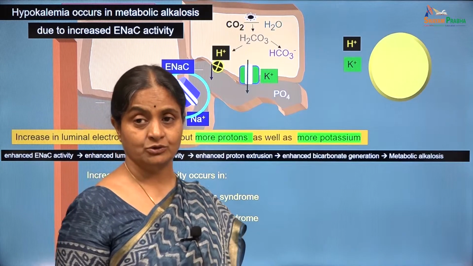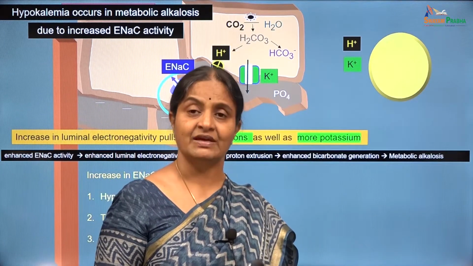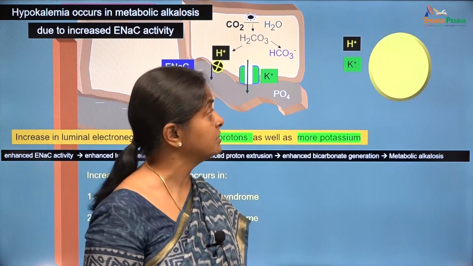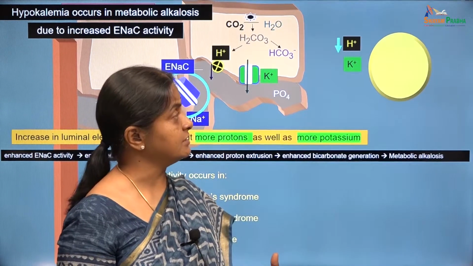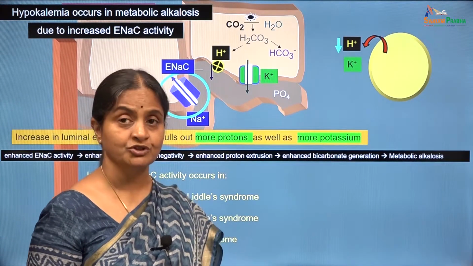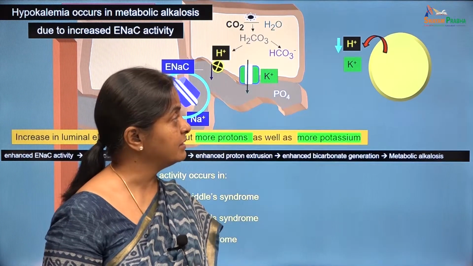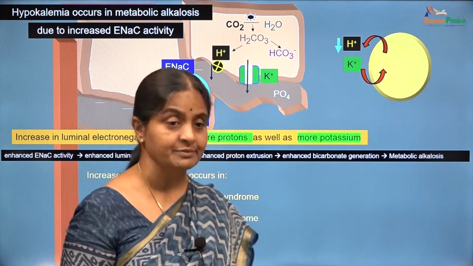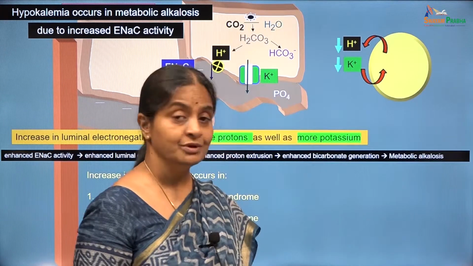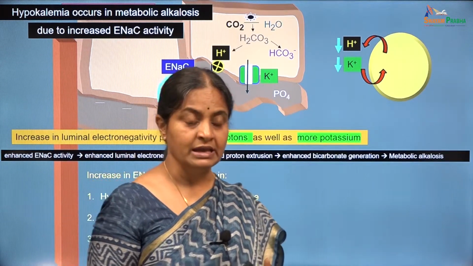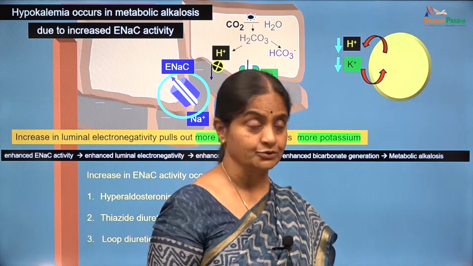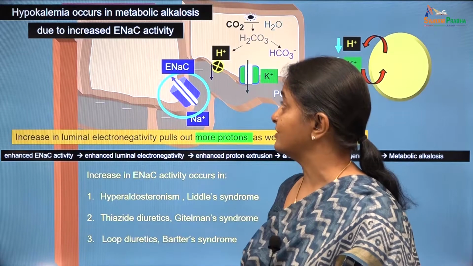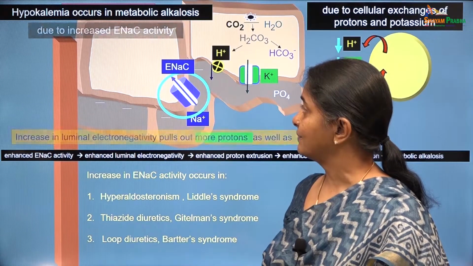So, in metabolic alkalosis, where there is an increase in bicarbonate and therefore an increase in hydroxyl ions and a consequent reduction in protons, the decrease in protons in the extracellular fluid will lead to a shift of protons from the cells into the ECF, and to maintain electrical neutrality, there will be a consequent shift of potassium into the cell, leading to hypokalemia. Therefore, in every case of metabolic alkalosis, we expect to see hypokalemia, not just the ones due to increase in ENaC activity.